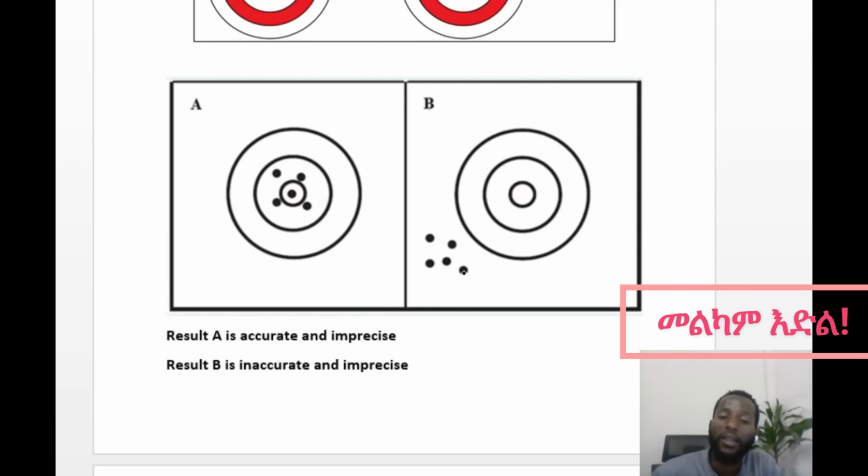So result A shows that the measurement is accurate, but imprecise because the measurements are far from each other. And in B, the measurements are far from the target, as well as far from each other. So result A is accurate and imprecise, but result B is inaccurate as well as imprecise.